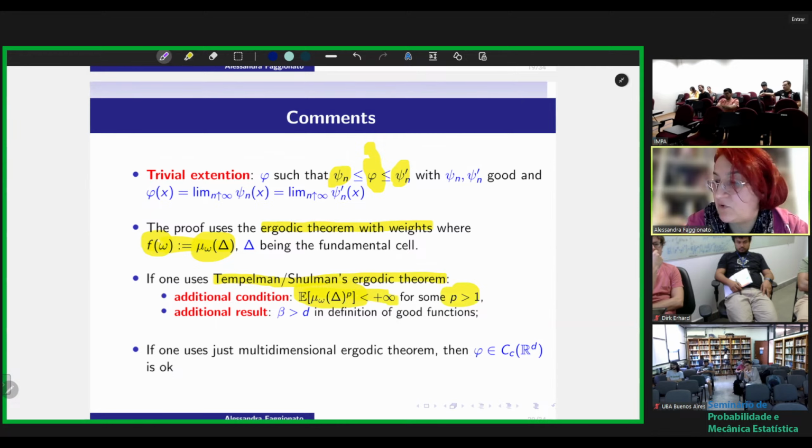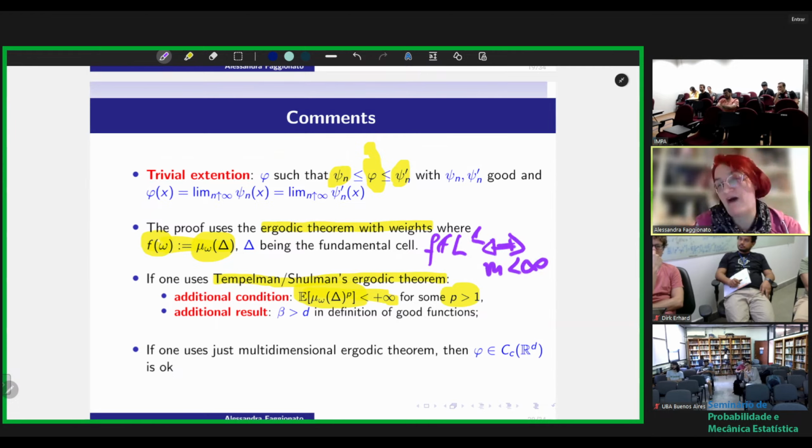In my case, for my theorem, I just needed that f is in L1. But saying that f is in L1 is the same as saying that the intensity is finite, and this was indeed my condition. So this theorem, the ergodic theorem with weights, avoided this additional condition.